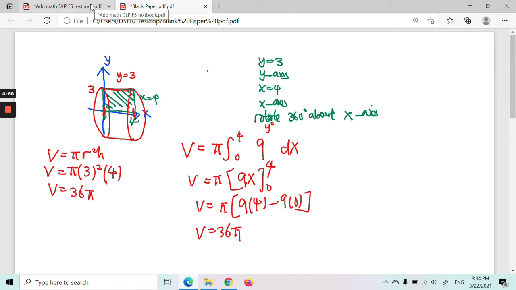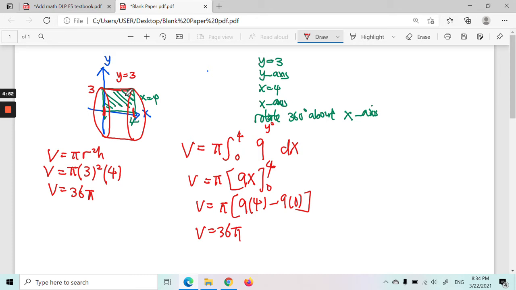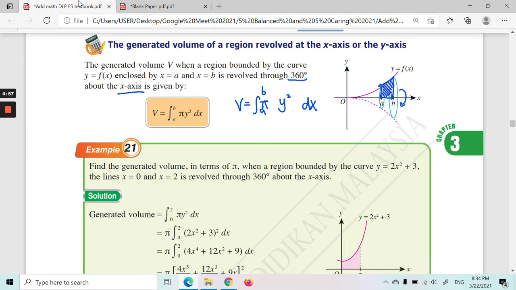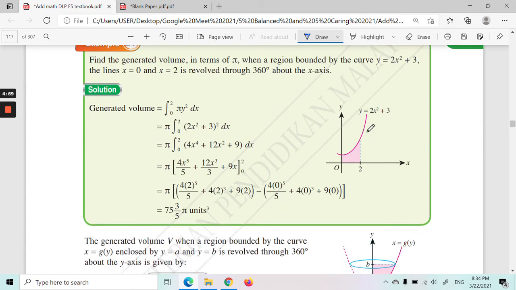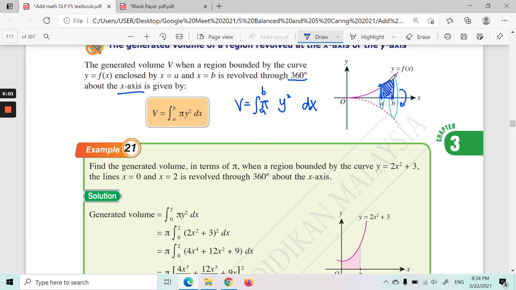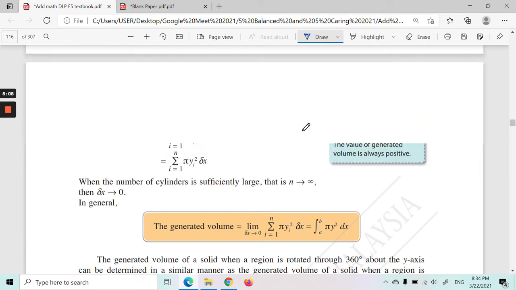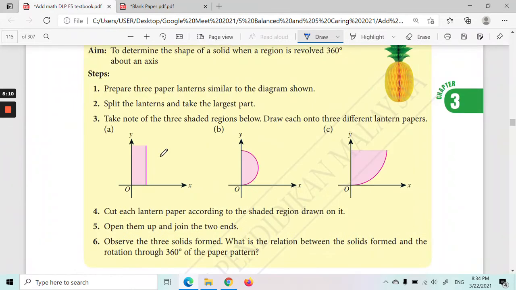So in your exam, this topic not only involves simple volumes like cylinder, cone, and so on. Sometimes you might obtain a shape like this, something like what we call a loudspeaker. And then you try to imagine this shaded region, if rotated 360 degrees about the y-axis, you will obtain a cylinder, correct or not?